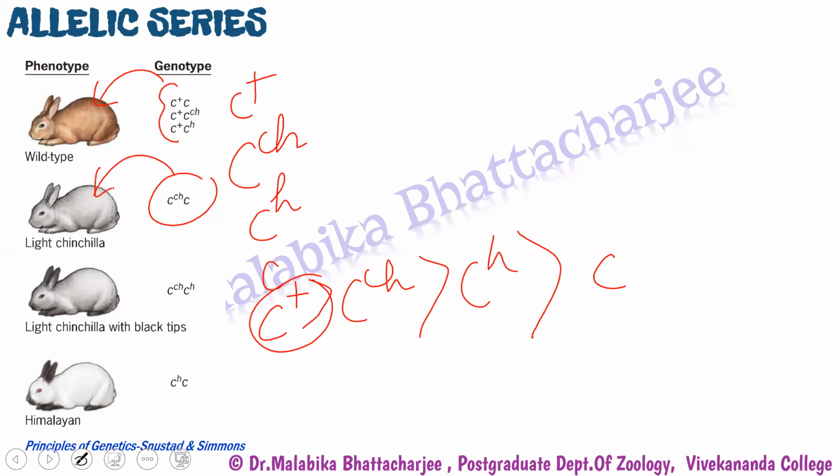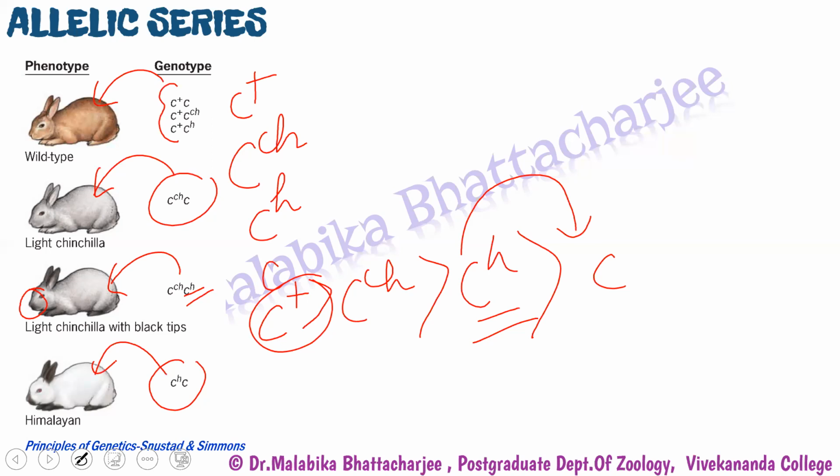Look at the color. Again, it's light chinchilla with black tips. When you have a CH presence, there are somewhat black tips. So this CH allele is in fact not being totally masked, or there is another phenomenon occurring. And finally, when we have this combination CHC, we are getting a Himalayan type.